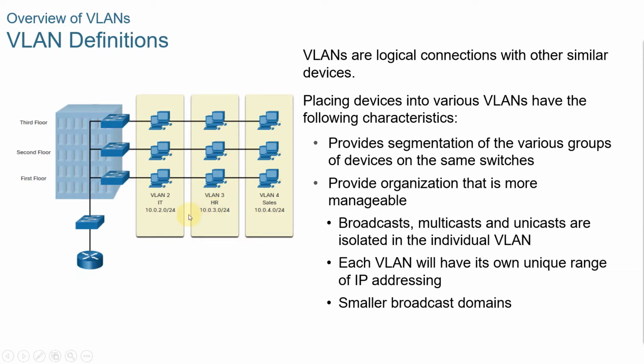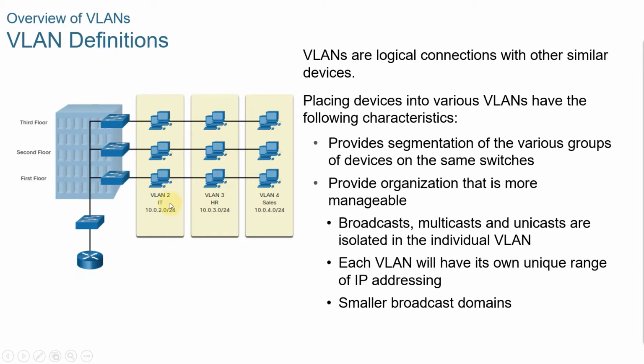Each VLAN is considered a separate logical network. Devices within a VLAN act as if they are in their own independent network, even if they share a common infrastructure with other VLANs. Any switch or switch port can belong to a VLAN.